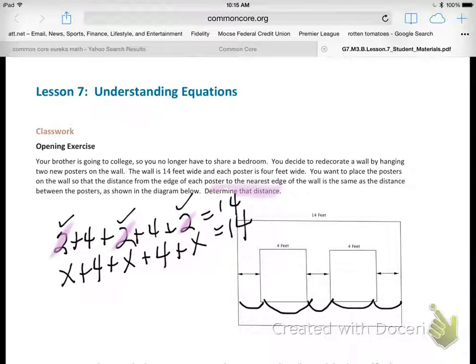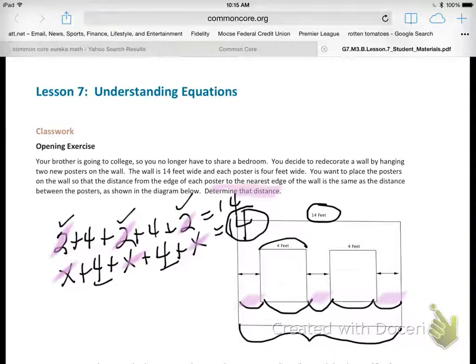So this is a way we could have proceeded right from the beginning, because we know 14 is on one side of that equal sign, because we need to account for the entire width of the wall. Our x's, of course, are our unknowns, because they represent these little bits here, which we don't know from the beginning. And then our 4's are what are given to us.